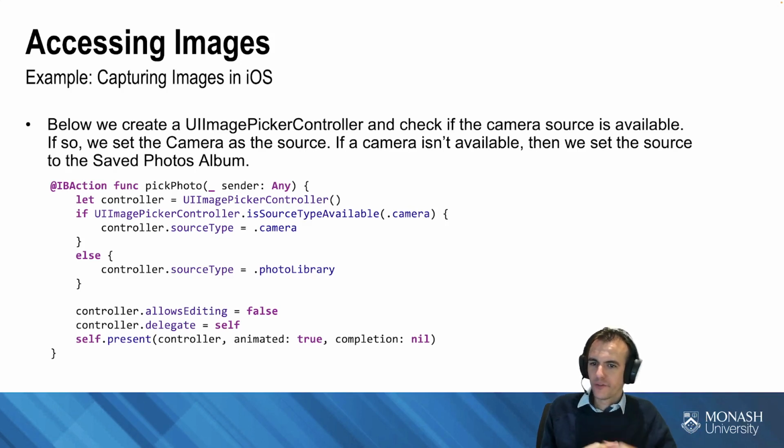We also set ourselves up as the delegate, and this is so that we get called when the user actually picks the photo. If you don't do this part, you'll never know. And then finally we present that view controller. In this case, it will just present it modally on top of everything, animating in, and we don't need to do anything when it's finished displaying, so we just pass nil for the completion handler here.